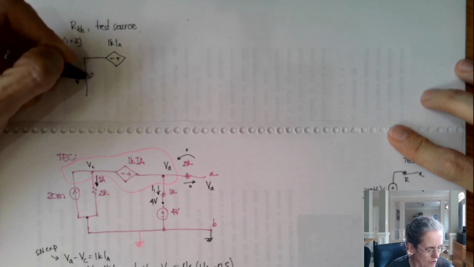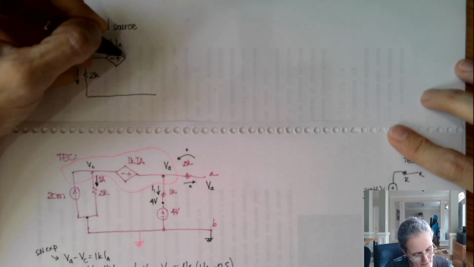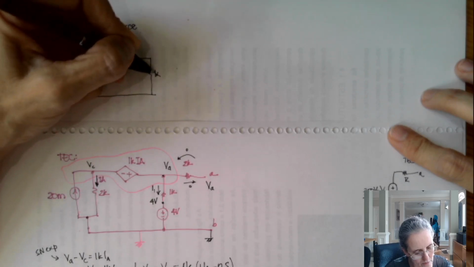So here's my semi-dead possum circuit. 1K IA, and this is IA, and this is 2K. So I'm opening this current supply, and I will close the 4 volts, so it's only a 1K here. Bad drawing.